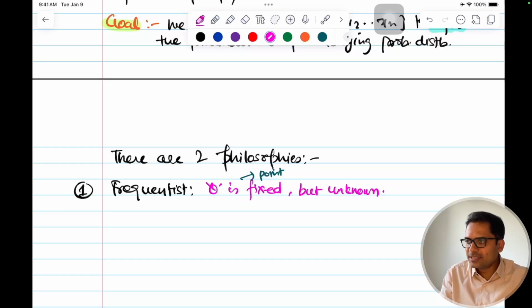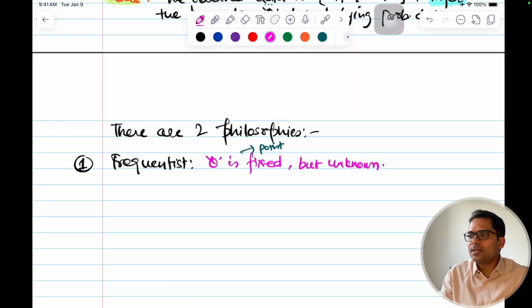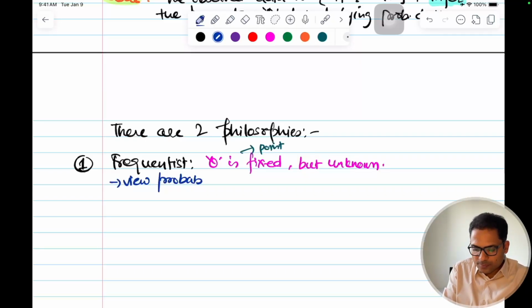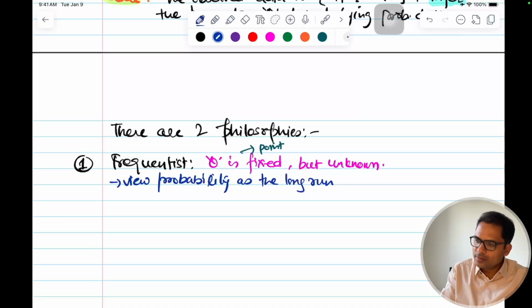The word frequentist comes from the fact that it views probability as a long run average of repeated trials. How do they see probability? They view probability as the long run frequency of events.